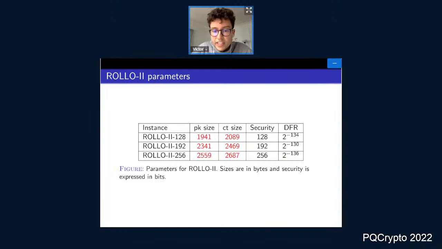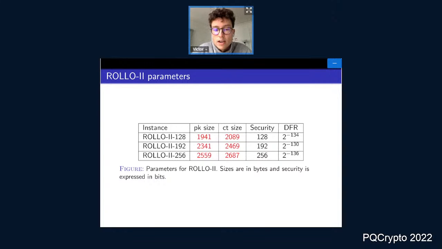And if you want to decrease this decoding failure rate down to something negligible, which is something below 2 to the power minus 128 bits, then you need to increase your parameters, and the scheme which is called the Rollo 2 flavor is as a result less competitive.